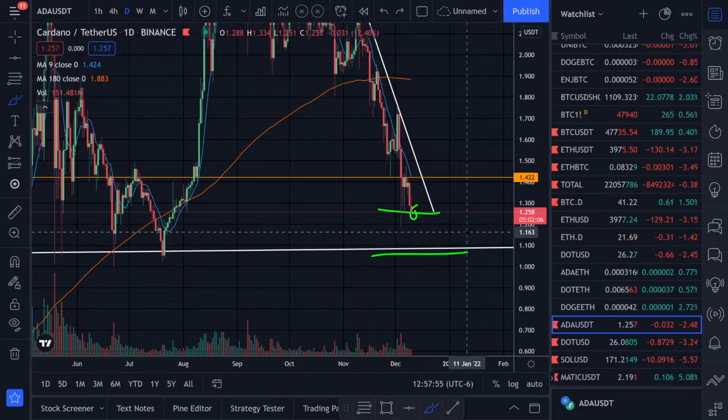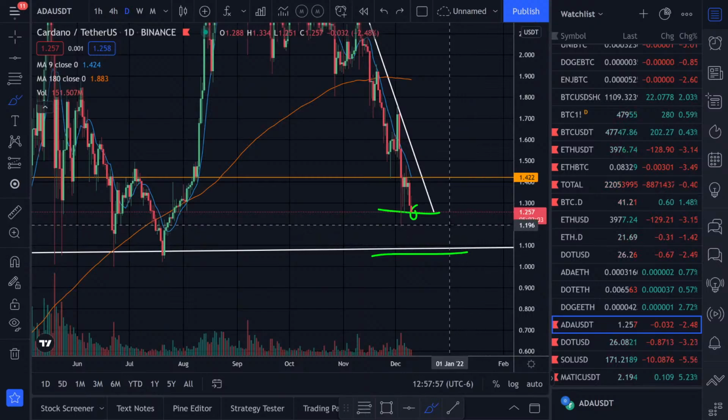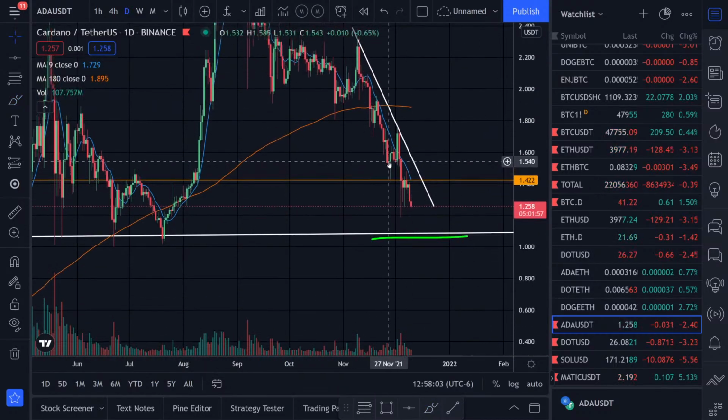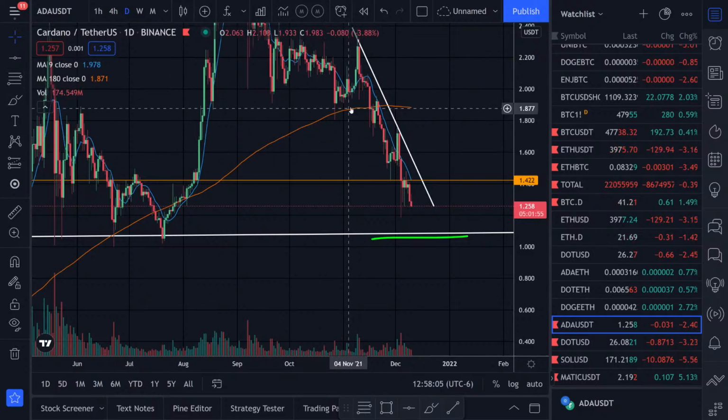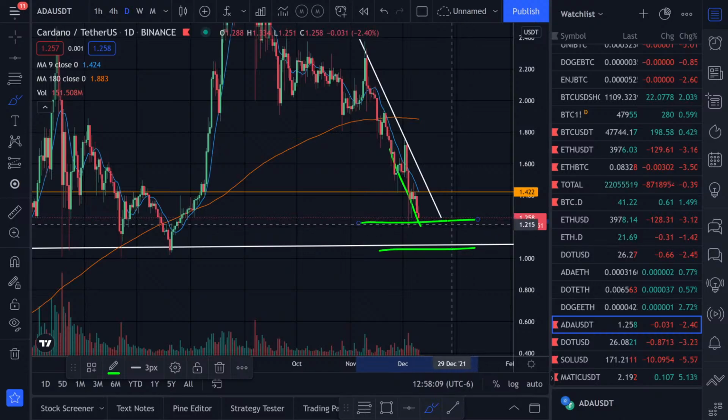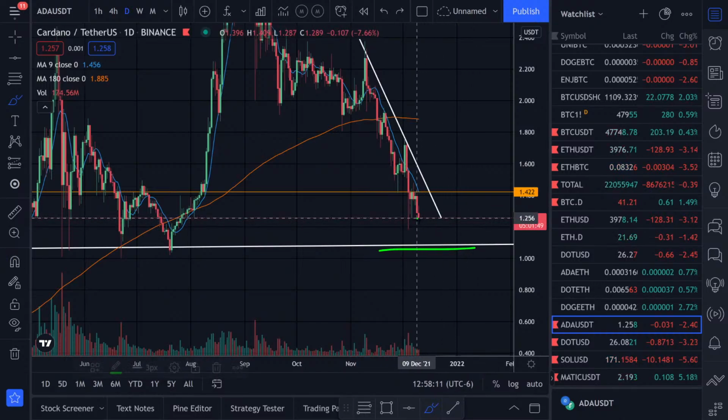That's how a lot of the crypto market is moving, with leverage trading. As the price goes down, the leverage positions get liquidated. So let's say I longed it. If I put $20 worth of Cardano at 10x, it'll be like $200 worth.